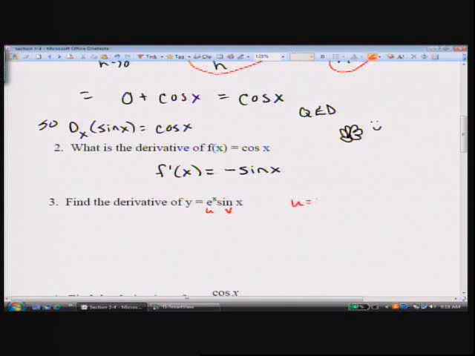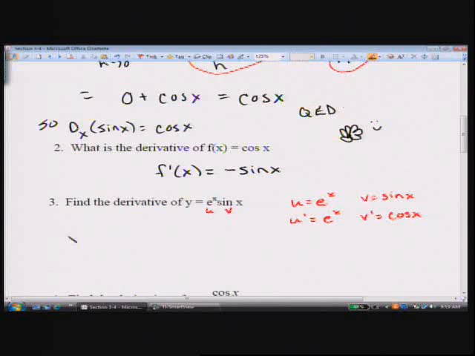U, we will let be e to the x. So u prime is what? What's the derivative of e to the x? E to the x. It's very exciting. And if we let v equal sine x, what's the derivative of sine x? Cosine x. Everybody happy? Okay.